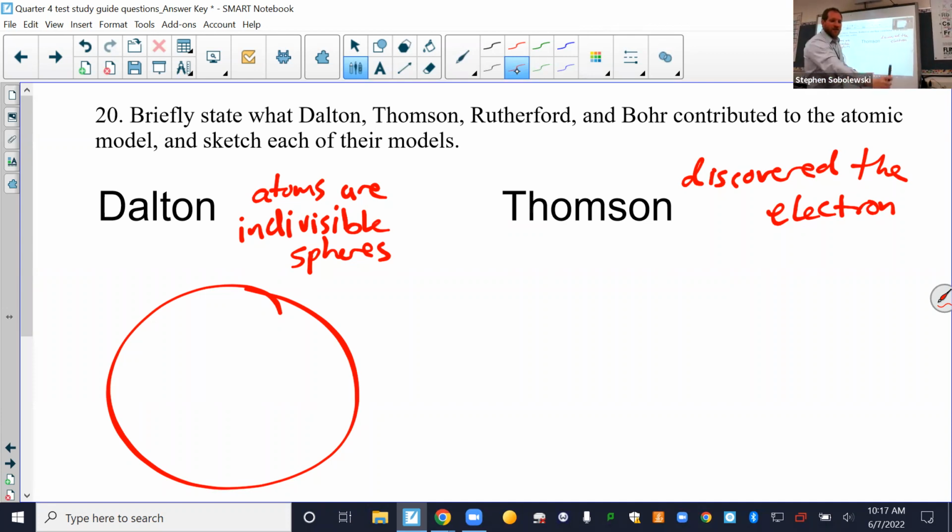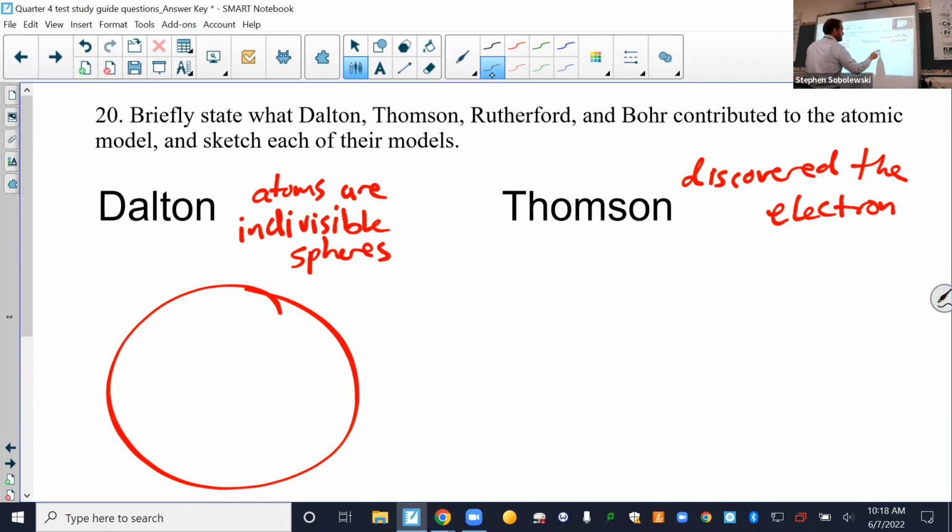He put a positive side of the magnet up to the beam and it attracted it. So he knew the beam was negative. And then doing some advanced math, he was able to figure out the mass of the particles in the beam. And he found that it was 2,000 times lighter than what Dalton had proposed as the smallest atom, being hydrogen. So how could you have something negative that's 2,000 times smaller than an atom? Well, he invented the electron.